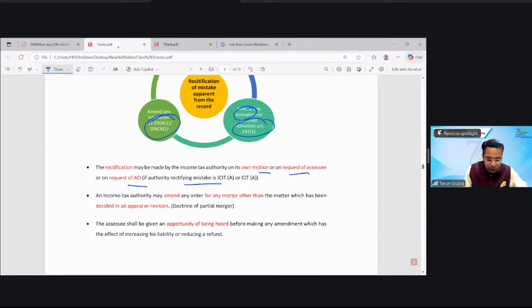An income tax authority may amend any order for any matter other than the matter which has been decided in appeal or revision. So this I was saying that we'll discuss.